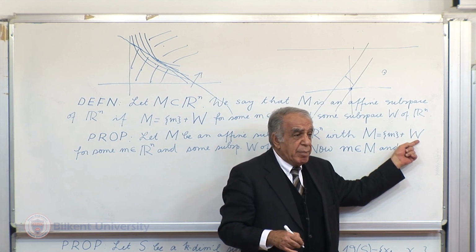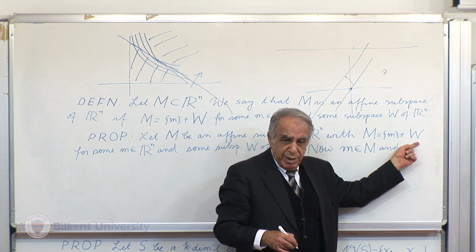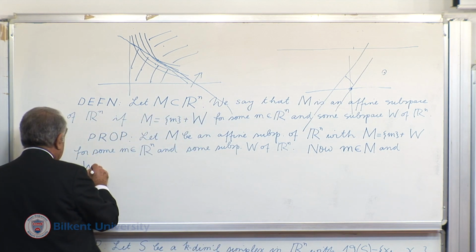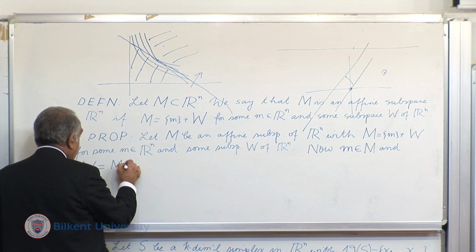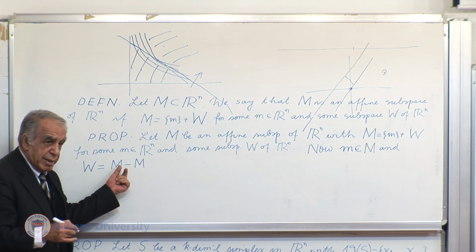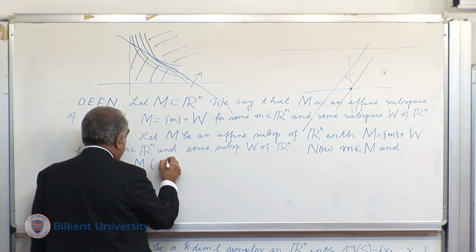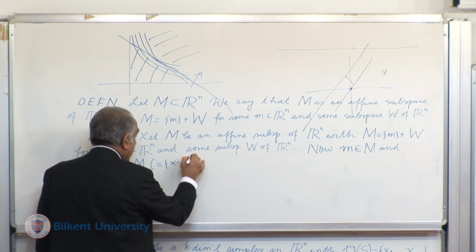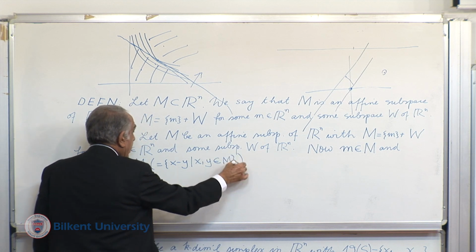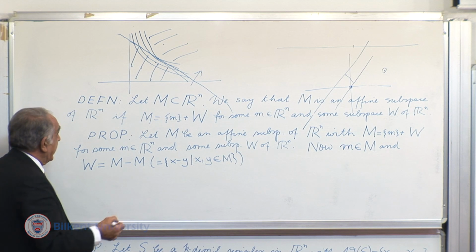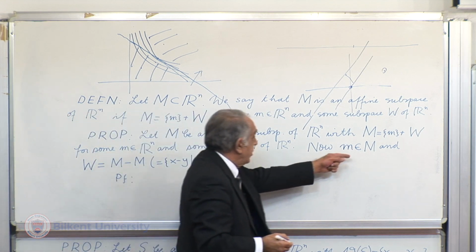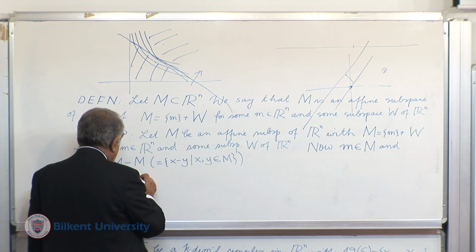Now here, this is the definition, but it would be nice to be able to express this W in terms of capital M itself. And in fact, it turns out that W is equal to just M minus M. This is not the set difference. This is just the algebraic one. That is, this is equal to the set of all x minus y such that x, y both belong to M. Now, for the sake of completeness, let's write this as well.